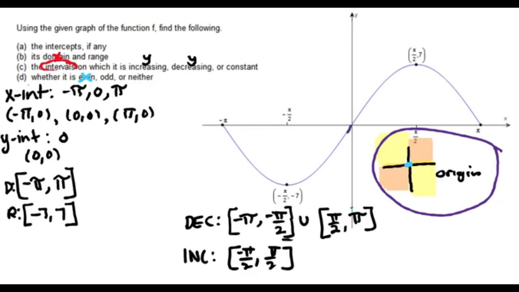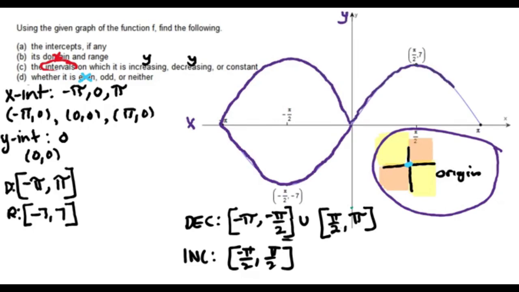So I'm going to imagine this piece of the graph being folded over the x-axis, and you would get something that looks like this. And then if you imagine folding that new piece over the y-axis, it would fall right on top of the other portion of the graph. So we do have origin symmetry, and we can say that this function is an odd function.